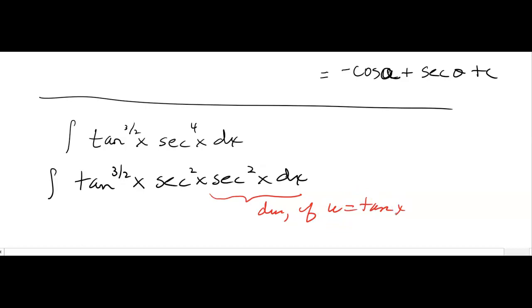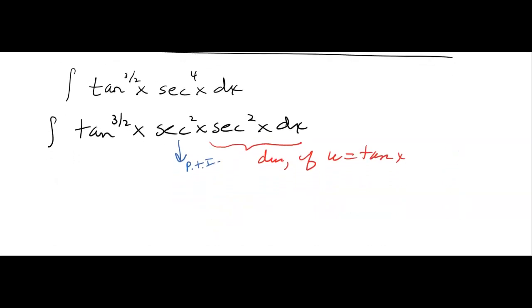Now, we can't let u equal tan x yet because we don't have just a tan x. But what we do have is another secant squared x that we can apply one of the Pythagorean theorem identities to. Pythagorean theorem identities, PTI. What does that mean? Well, I keep my tan 3/2 x.